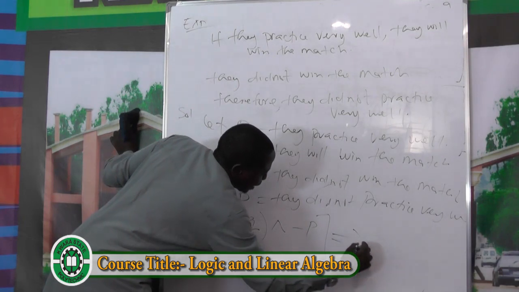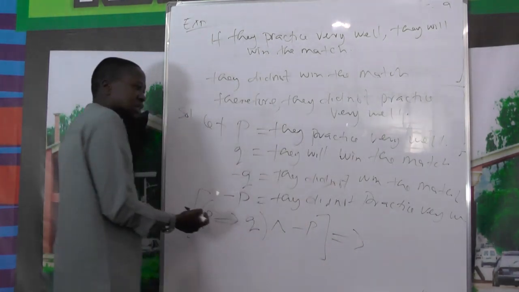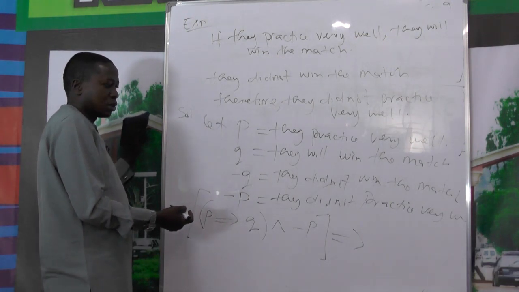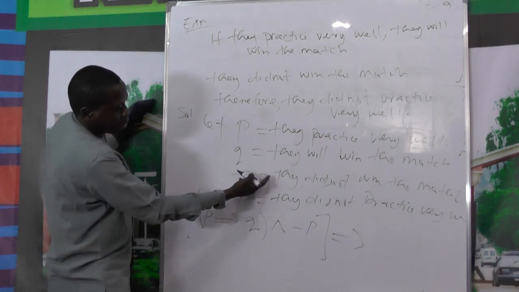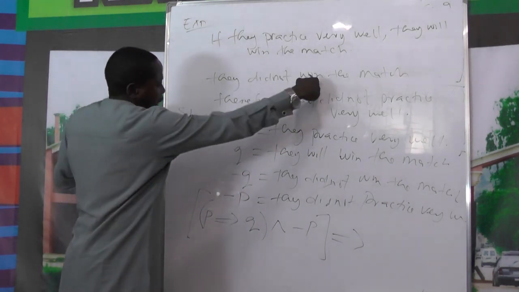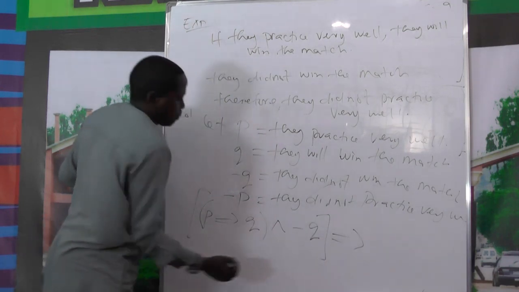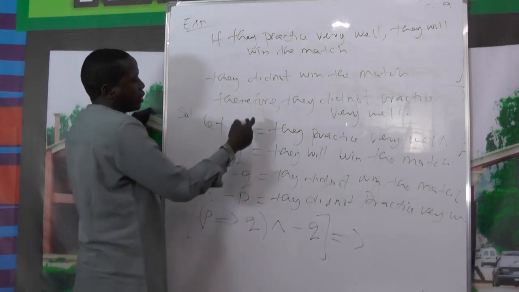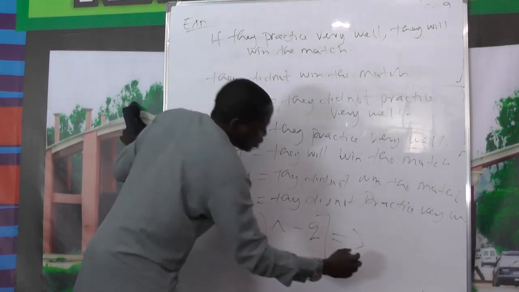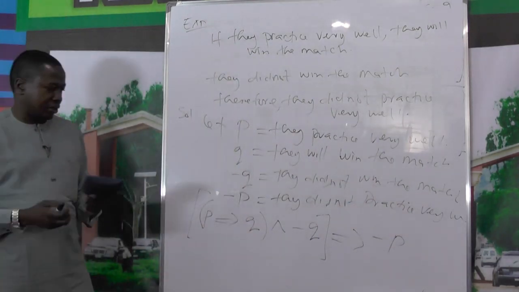They will now imply the conclusion. What is the conclusion? They did not practice very well, which is minus P. This is the first thing.